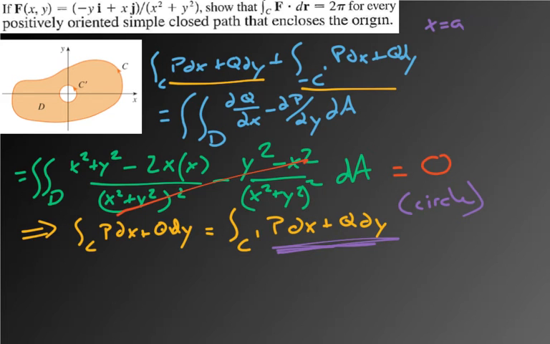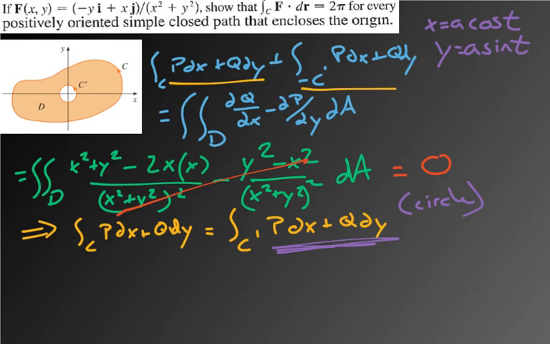Sorry, I should really know my unit circle by now. And y is a sine t. Here a is the radius, and a is infinitesimally small, because of the singularity. You've got to not include that origin right there.